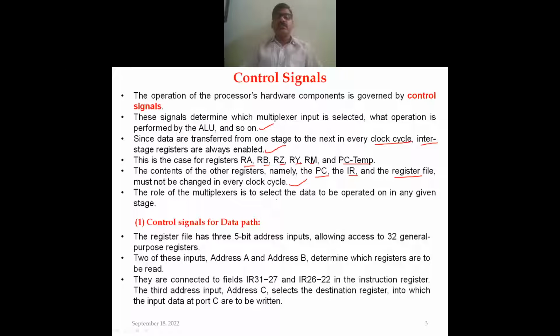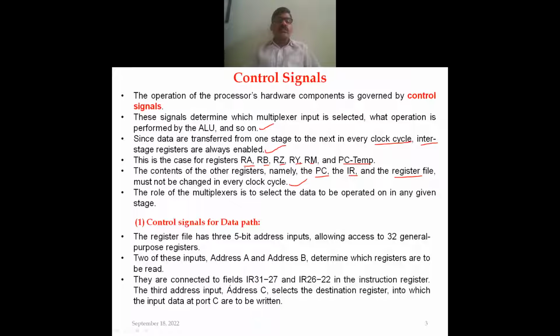The role of multiplexers is to select the data to be operated on in any given stage. That is the reason we require these control signals at every stage of instruction execution. The hardware components are controlled by these different types of control signals.